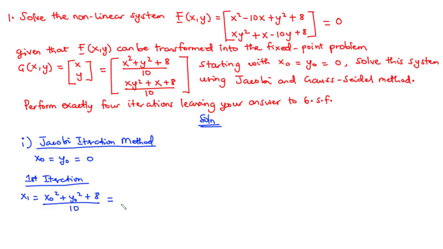We have x0 to be 0, so 0 squared, we have y0 also to be 0, so 0 squared plus 8, and we have this all divided by 10. So this is simply 8 over 10, and when you compute this, you have 0.8. So this is the value for x1.